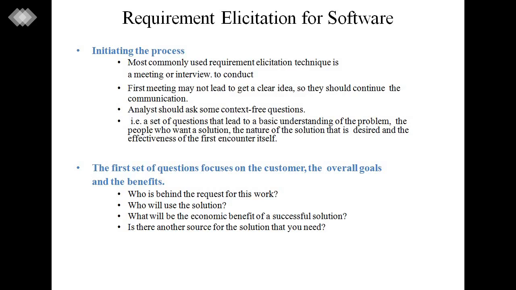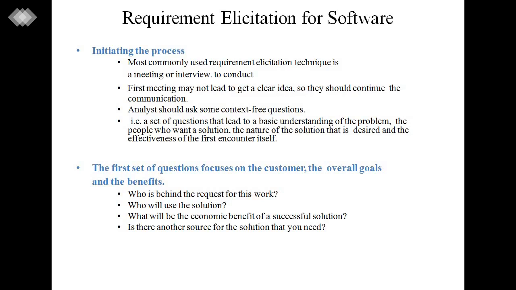In initiating the process, the most commonly used requirement elicitation technique is a meeting or interview. The first meeting may not lead to clear ideas, so they should continue to communicate with each other.